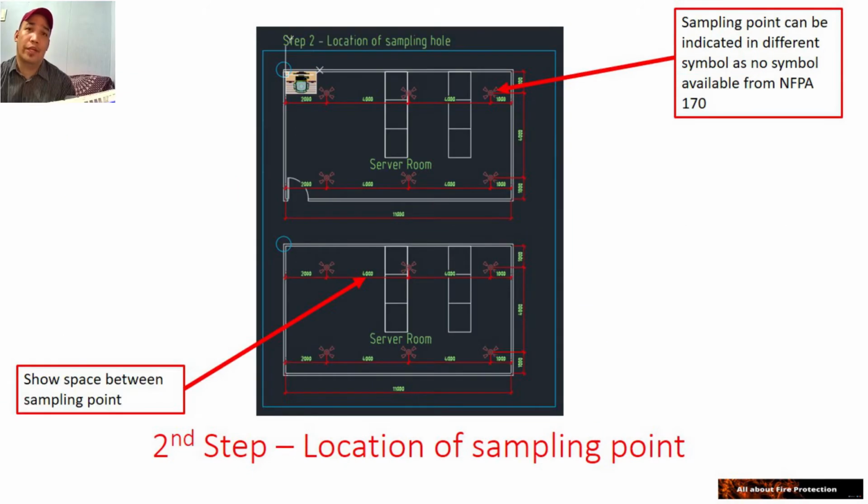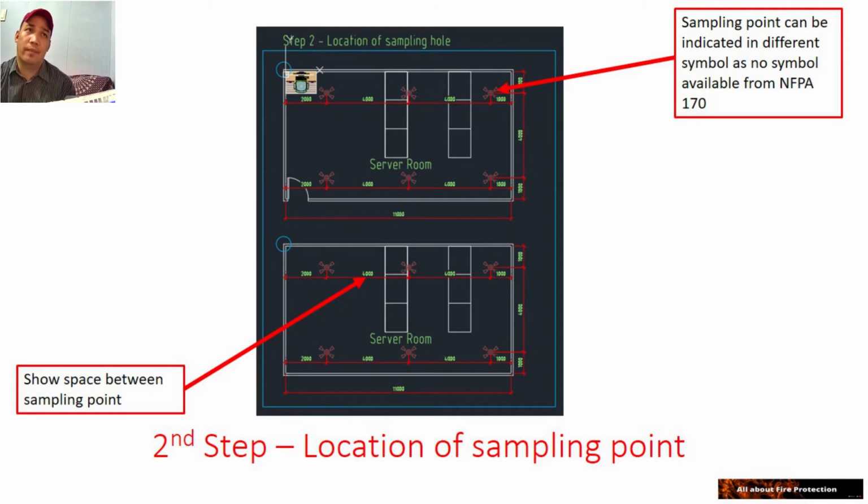Second step, location of sampling hole, or what we call sampling point. Arrange the location of the sampling hole in the plan. It is common in server rooms to have a high airflow, since there is a special requirement from IT for the cooling system. It is therefore required for a designer to coordinate with the HVAC specialists to determine the airflow in the room.